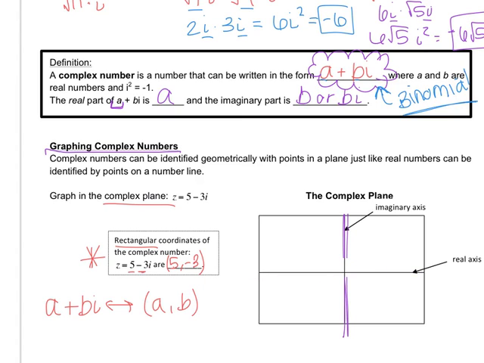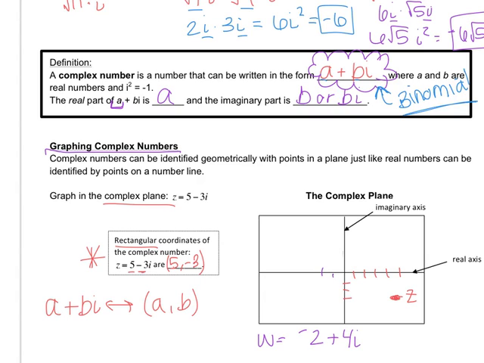So if you look at our plane here, and if we want to graph 5 minus 3i, we would go over 5 and then down 3 on the imaginary axis and plot that point. So this would be our point Z. And that's how you graph. So if I wanted to graph another one, say I wanted to graph the point W, which was the complex number negative 2 plus 4i, then on my x-axis, or my real axis, which is the horizontal axis, I would go over negative 2.